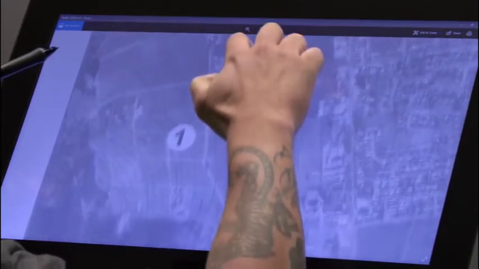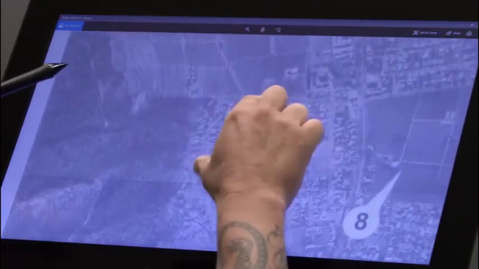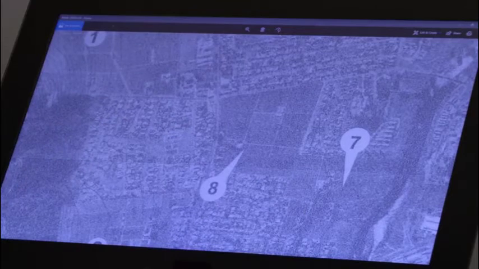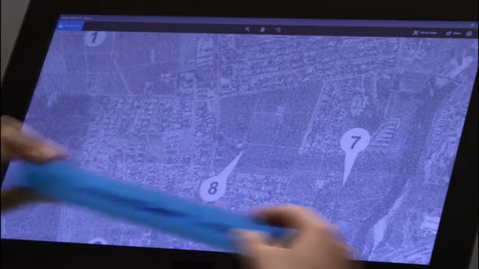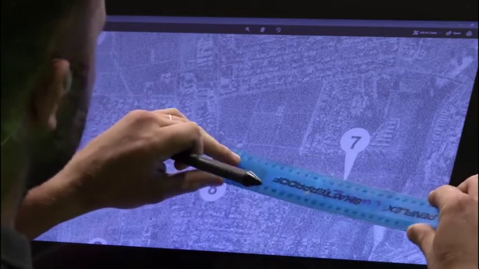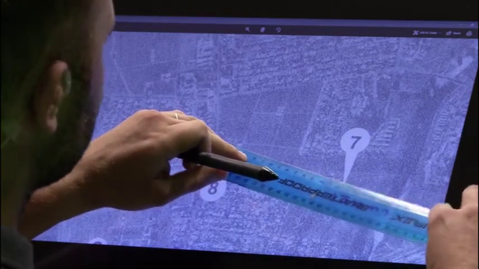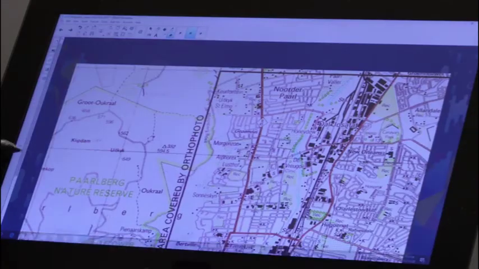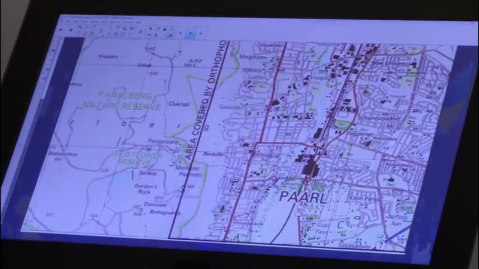So let's say, for instance, we measure the distance between 8 and 7. It's 11.4 centimeters. So let's quickly calculate it from the orthophoto. The orthophoto scale is 1 to 10,000. The distance between 7 and 8 was 11.4 centimeters.